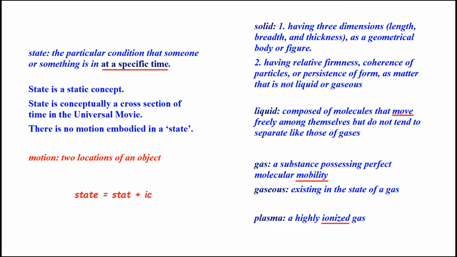It says having three dimensions as a geometrical body or figure, having relative firmness, coherence of particles, or persistence of form, as matter that is not liquid or gaseous. In other words, when they talk about solid, they don't talk about motion. But when you talk about the other three, people define them as having motion. Liquid, they talk about move. Gas, they talk about mobility. And plasma, they talk about ionized. So this is where the confusion starts.